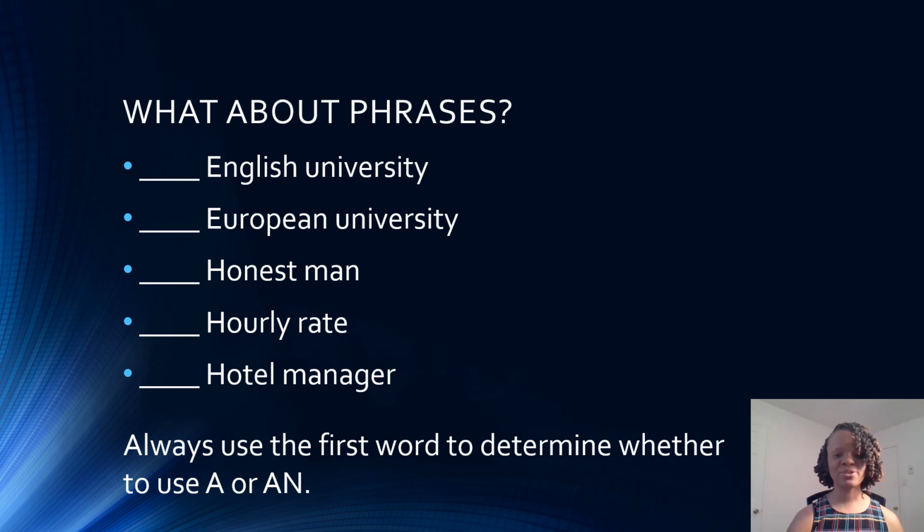Okay, so we've looked at some individual words, but what about phrases? Do we say a English university or an English university? Exactly. We would say an English university because we use the first word to determine if we should use a or an.